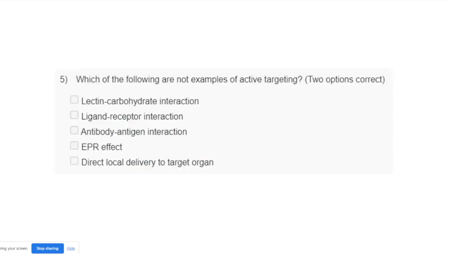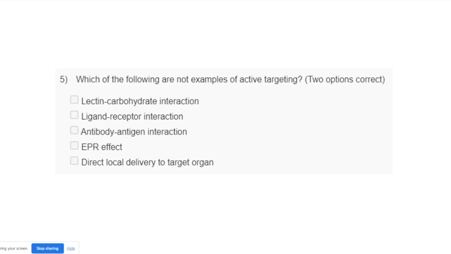This was the fifth question. Which of the following are not examples of active targeting? Would you like to answer? Ligand receptor interaction?